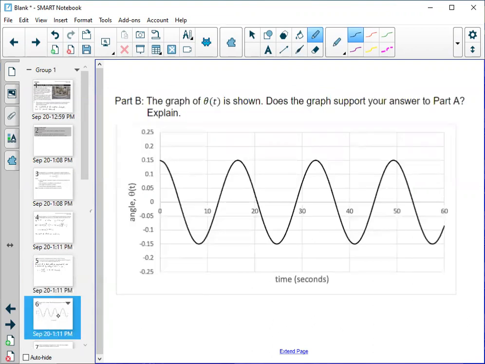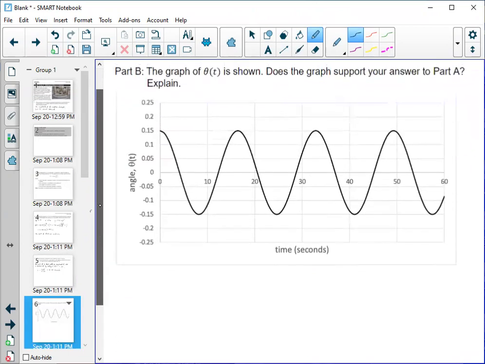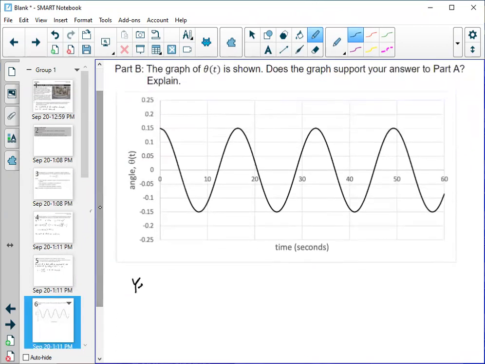Part B, the graph of theta of t is shown. Does the graph support your answer to part A? Explain. Well, let me just move this up a little bit and then slide it back down. And I'm going to put here, yes. It appears that one complete cycle of the pendulum will take about 16 seconds to complete.